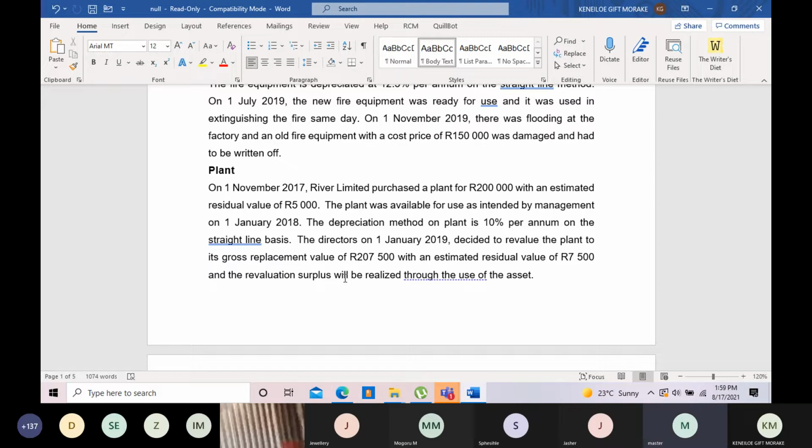They mean to say they've added the revaluation there. They've added something on top of the cost price. That is why you see the gross replacement value is 207,500 with an estimated residual value of 7,000, and the revaluation surplus will be realized through the use of the asset. You see, something was added on top of the original cost of 200,000. Let's get into it.